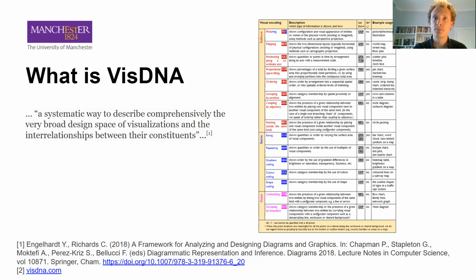So you have different things like whether something is being ordered and so on. What we're looking at here is not really high specification. We're trying to get quite a high level understanding of the visual encoding principles used.